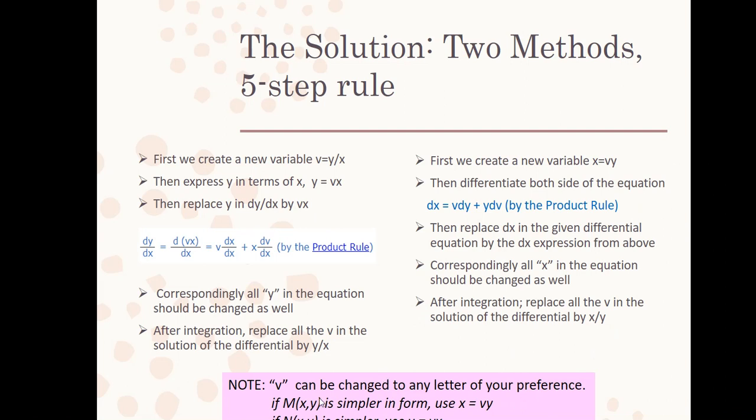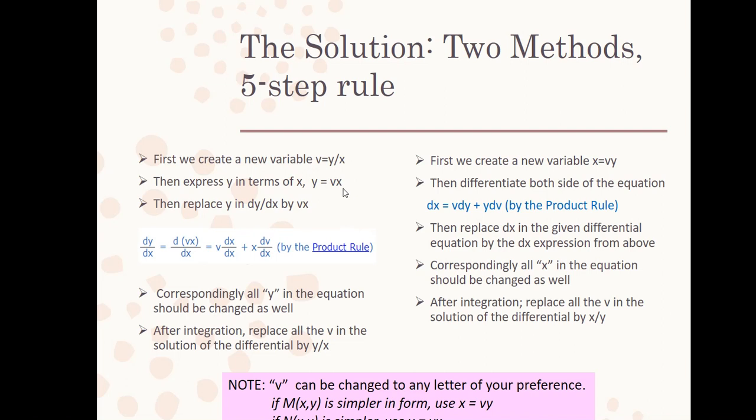If the M expression is simpler, you use this particular relationship that you will change x for. So you change the x to vy in your original DE. If it's the other way around, if N is simpler, then use the y equal to vx representation, just like this.